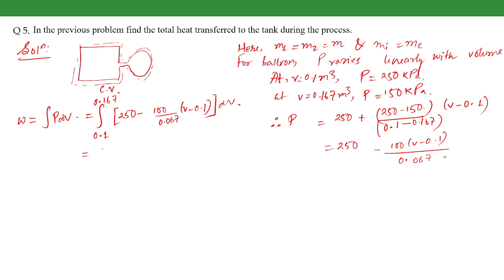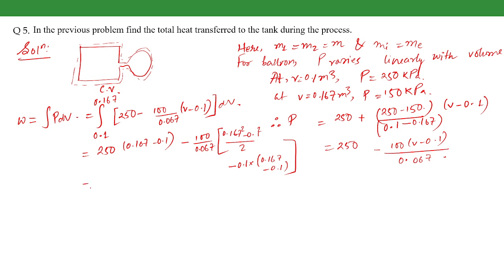If we simplify it, 250 times 0.167 minus 0.1, minus 100 by 0.067 times V square by 2, that is 0.167 whole square minus 0.1 whole square by 2, minus 0.1 multiplied by 0.167 minus 0.1.